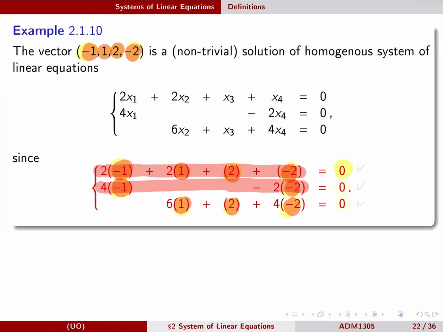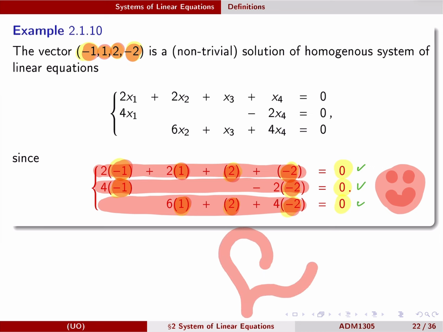For the second equation, -4 plus 4 is equal to 0, and 6 plus 2 minus 8 is equal to 0. So we have equality on every single equation. So that vector (-1, 1, 2, -2) is a non-trivial solution for this homogeneous system of linear equations. Nice.